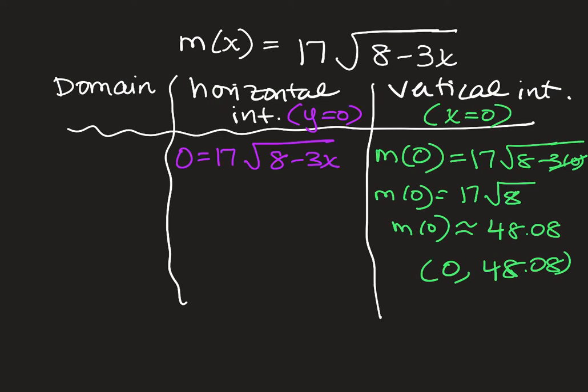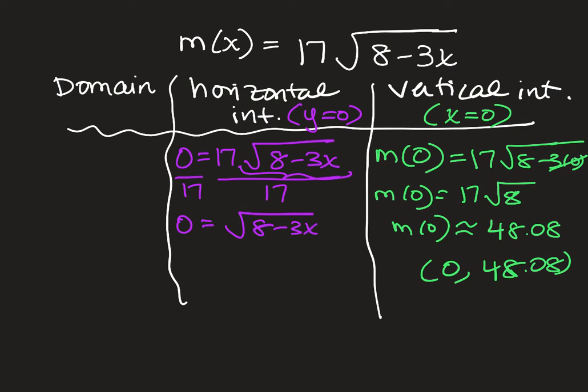And you're going to see different people do this different ways. Sometimes people square it now and square the 17 in there. What I'm going to do is I always divide out the 17 first. I get this piece alone. I think this is the easiest way to get this piece alone. So I'm going to divide both sides by 17, and I get 0 equals square root of 8 minus 3x.